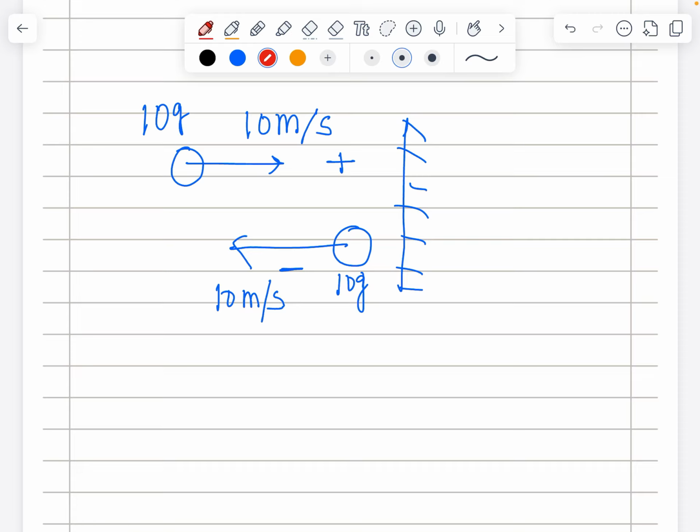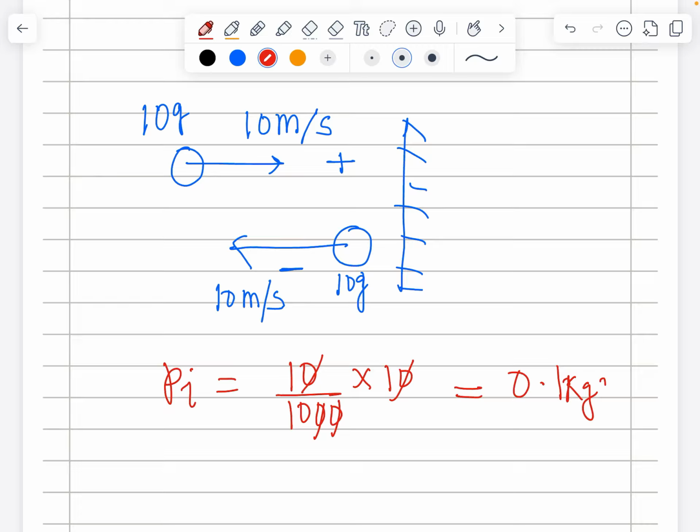So see here, what is the initial momentum? M into V, that is 10 upon 1000, initial velocity is 10, that is 0.1 kilogram meter per second. This is the initial momentum. In what direction? In this direction.